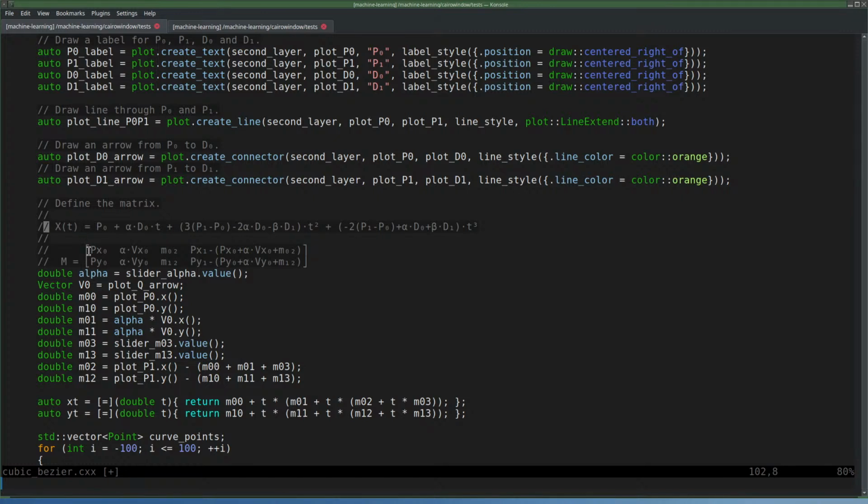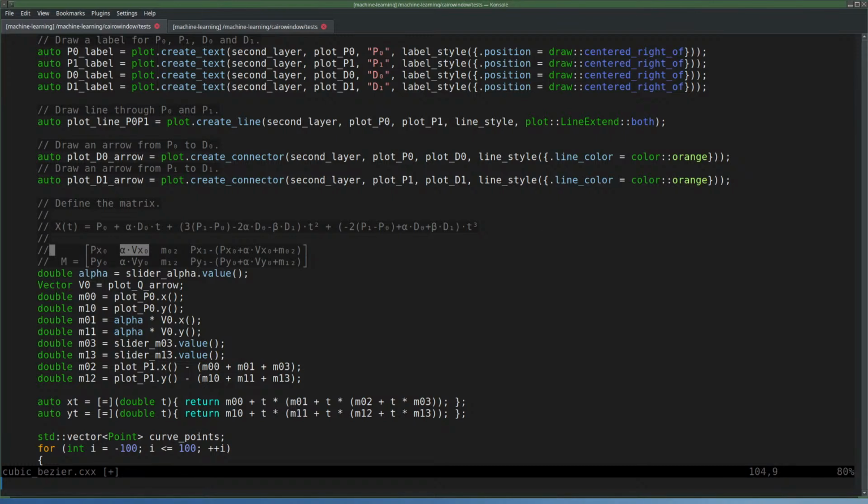So the top row would be p x0 plus, and now we have alpha d0, and that would be this one. And because it's the second column, it's times 2. And then the next column is times t squared, and the next is times t to the power 3.